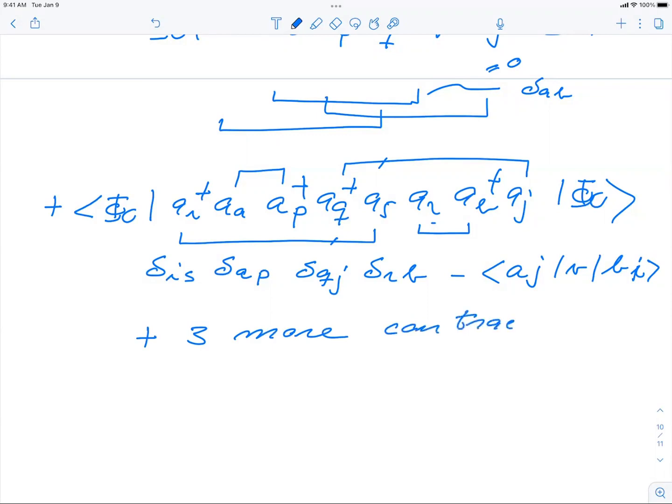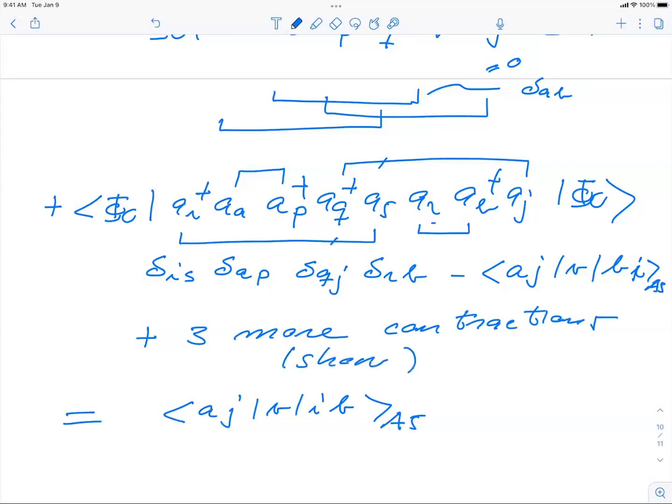When I bring everything together, this set of matrix elements, using the properties of the anti-symmetrized matrix elements, I'm going to get matrix elements of the type a,j. Again, I get 4 of these matrix elements, and it's going to be V, with i and b, like that. And this is going to be anti-symmetrized. I'm going to leave that as a small exercise, show this.